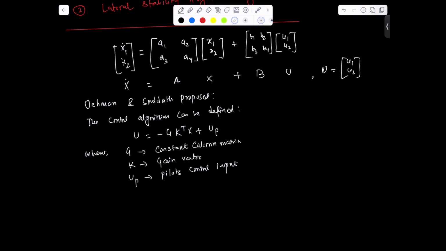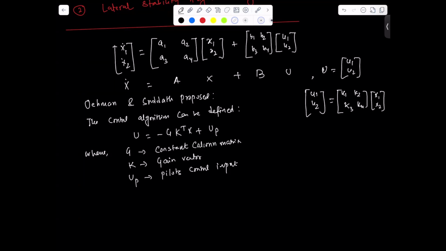If you would like to design this u1, u2, for that we need a control gain matrix. We should have the control gain matrix K1, K2, K3, and K4, and we have x1, x2.